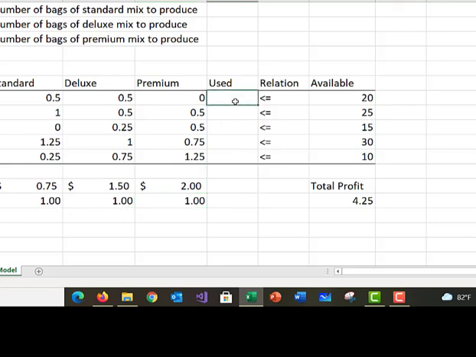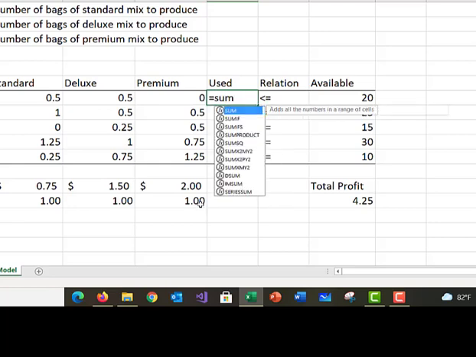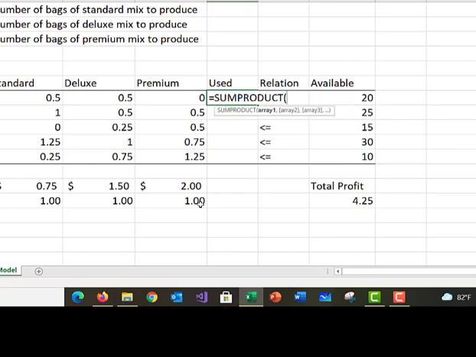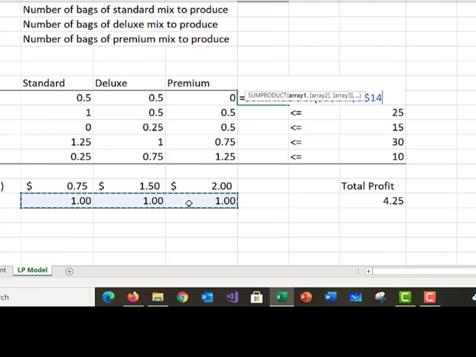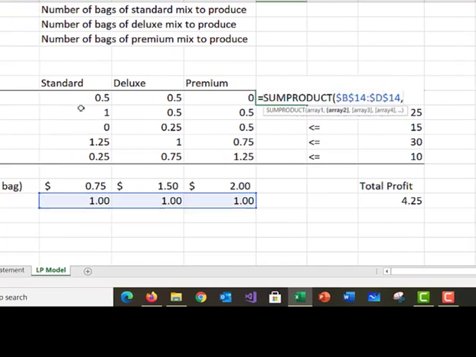Now I'm going to define the amount of ingredient used by the combination of the 3 decision variables, and this is going to be equal to the sum product of the values of the 3 decision variables, and I'll make sure they are absolute cell reference so that I can later copy them to the other rows, multiplied to the coefficients for the first constraint, which is raisin.